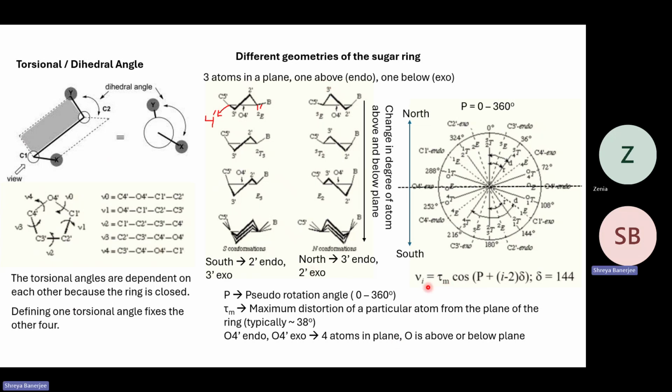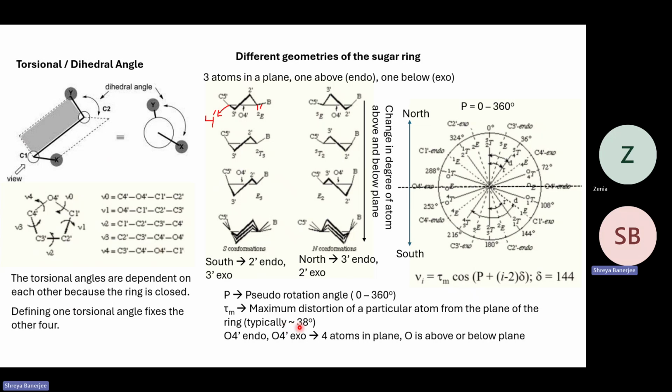Now there is a certain formula which can define each nu. So nu i, where i can vary from 0 to 4, is tau m, where tau m is the maximum distortion of a particular atom from the plane of the ring. So if this is the plane of the ring where the 3 atoms are, how much a particular atom can be distorted from this plane is the tau m, the maximum value.